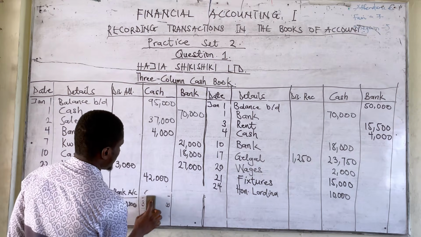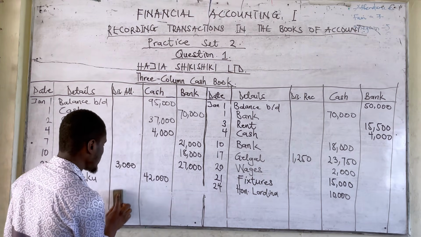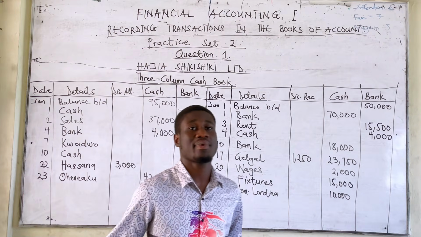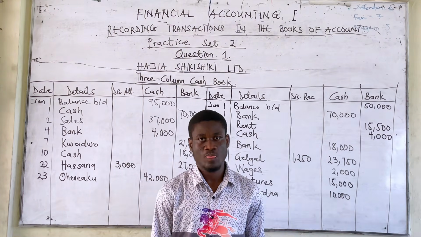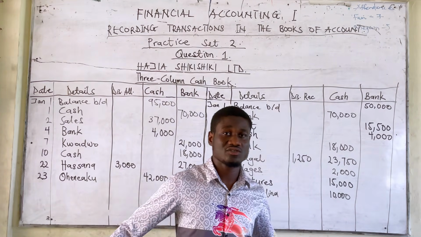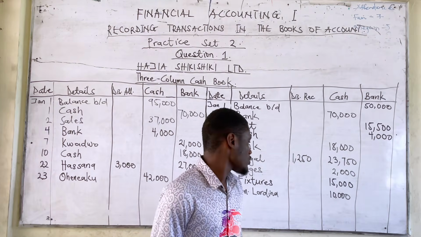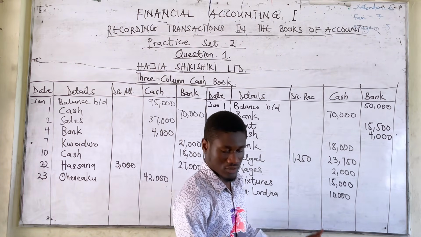What we are going to do here is that we are going to be interested in what's happening to the bank. You know that the bank was decreased and insurance was increased, but we are not interested in insurance. We are interested in the bank here. Good. So if bank decreases in assets, we are going to credit. You get it? Good.